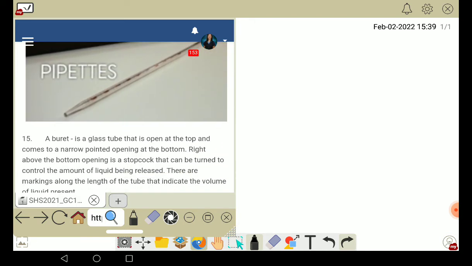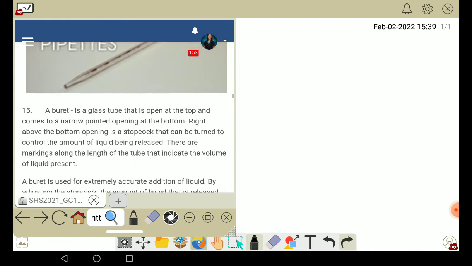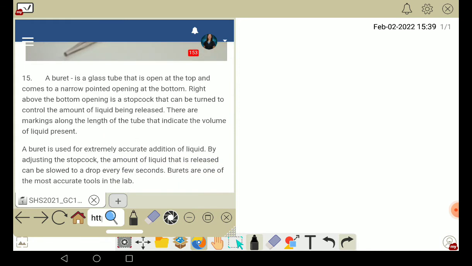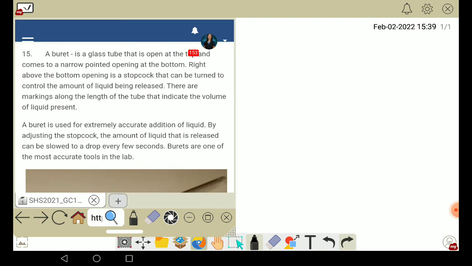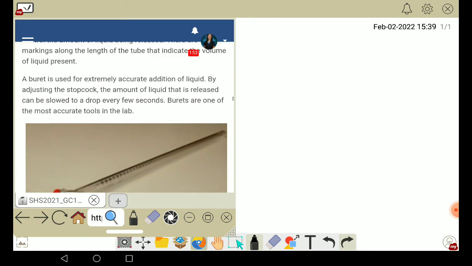It is much longer than the pipettes, though there is a smaller version. Right above the bottom opening is a stopcock that can be turned to control the amount of liquid being released. It could suck up or release a certain amount of liquid. There are markings along the length of the tube that indicate the volume of liquid present.